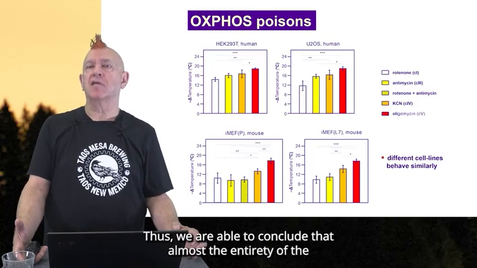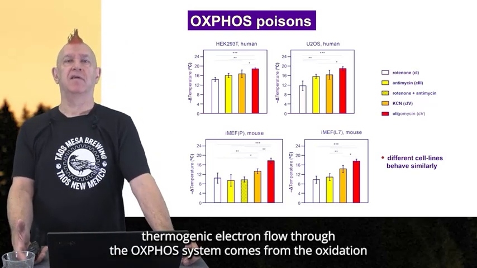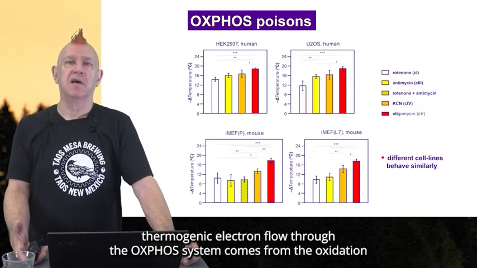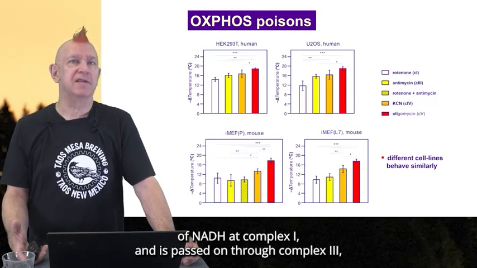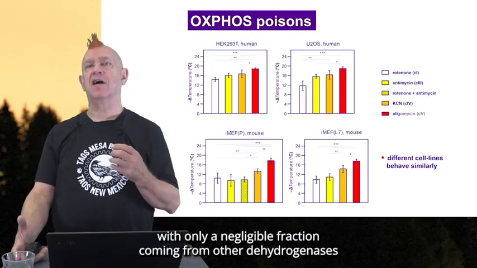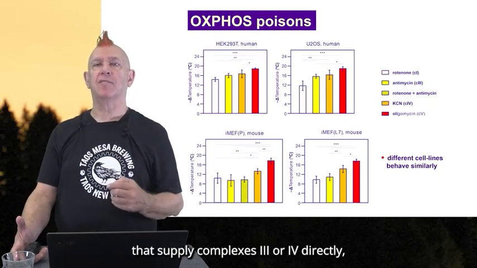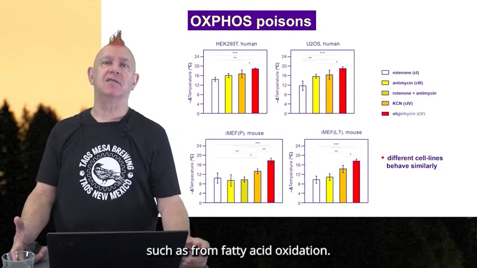Thus, we are able to conclude that almost the entirety of the thermogenic electron flow through the OX-phos system comes from the oxidation of NADH at complex 1 and is passed on through complex 3, with only a negligible fraction coming from other dehydrogenases that supply complexes 3 or 4 directly, such as from fatty acid oxidation.